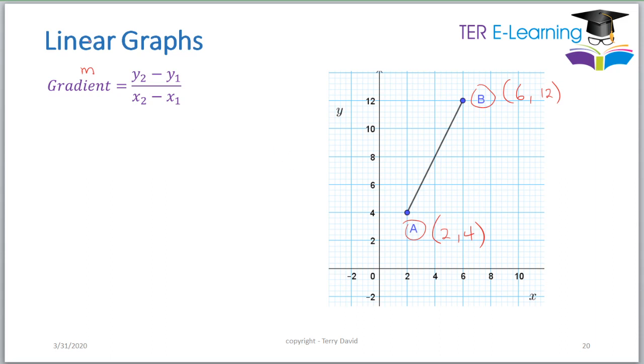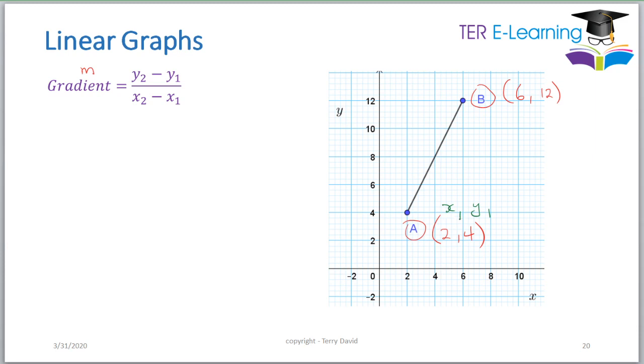Now, this might seem trivial, but I always tell my students to do this in order not to confuse themselves. You need to decide either A is going to be my 1's point and B is going to be my 2's. Let me explain what that means. The point A is going to have an x1 and a y1.